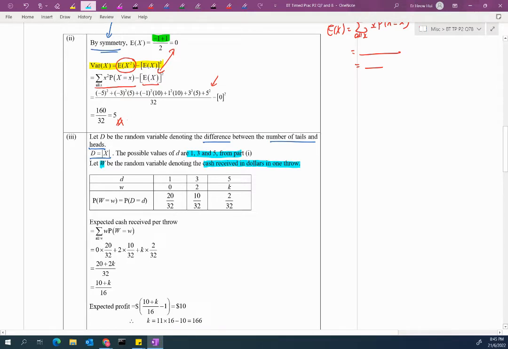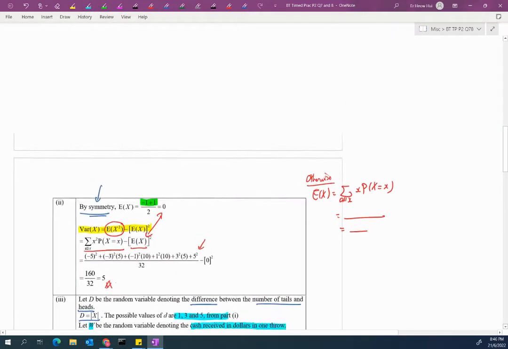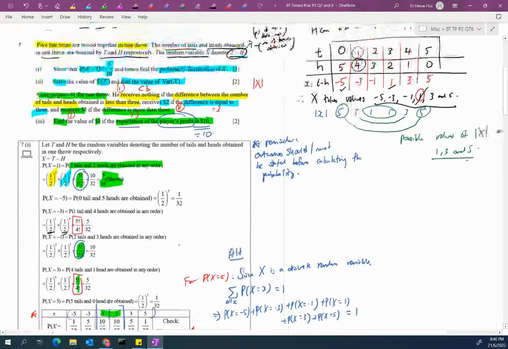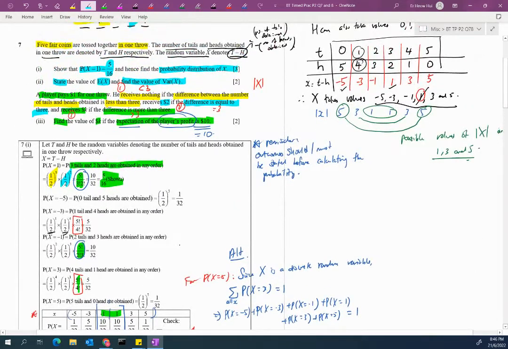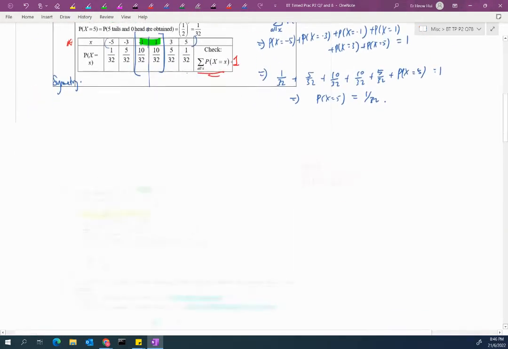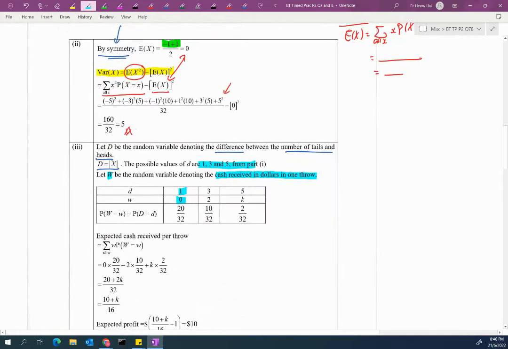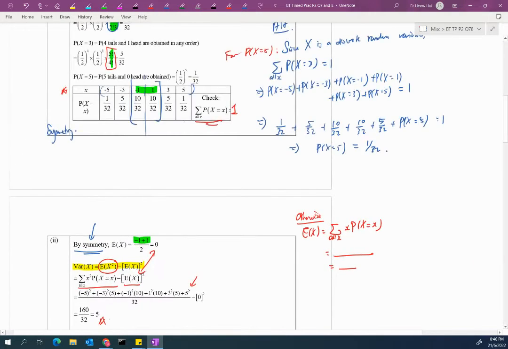When W is equal to 0, D is equal to 1. Why? Because he receives nothing when the difference is less than 3. So 1 is the value less than 3, so W equals 0 corresponds to D equals 1. And P of W equals w is P of D equals d. So I need to sum up the two probabilities when X is -1 and 1.